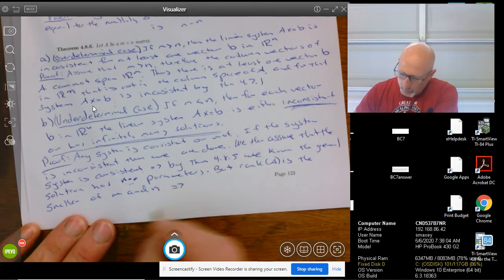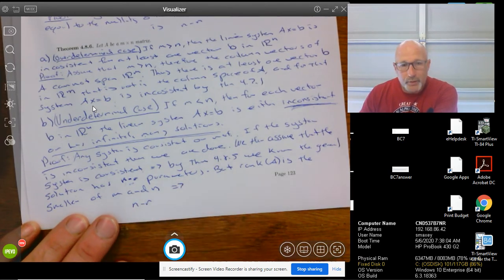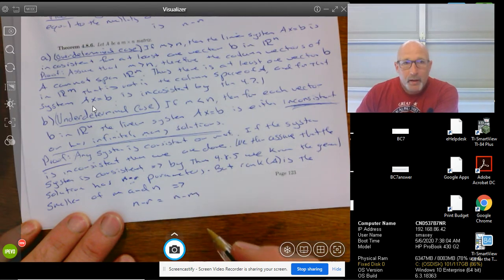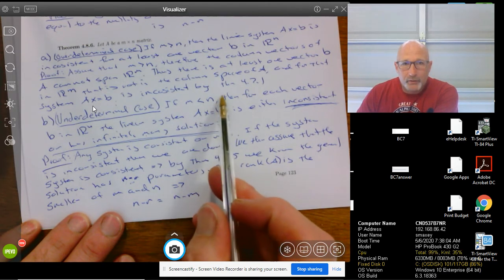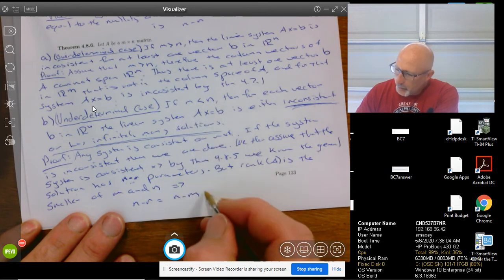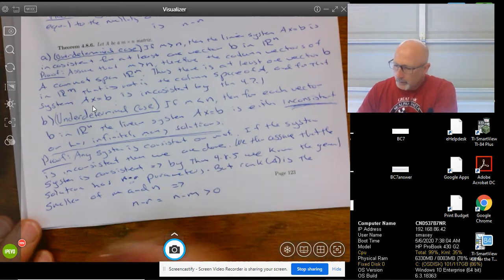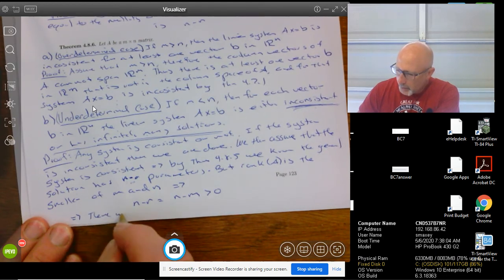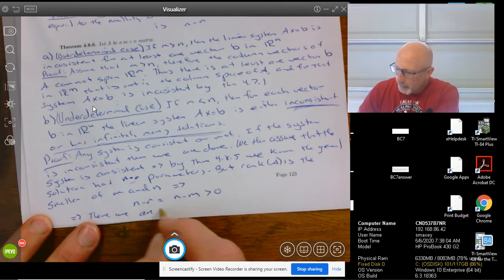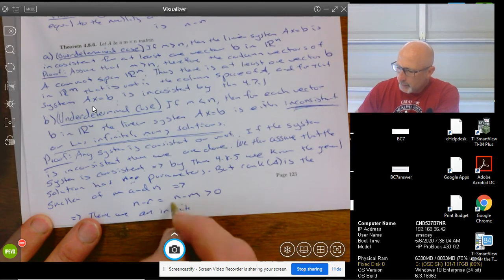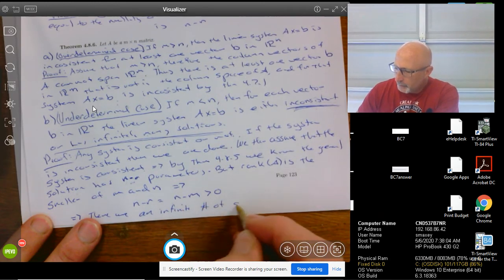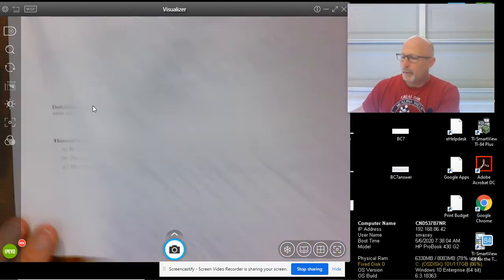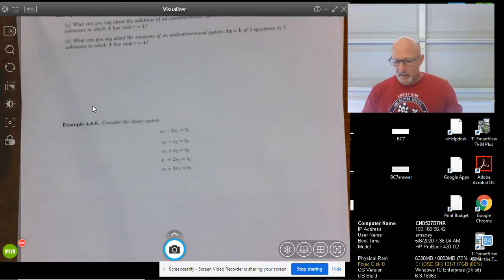So therefore, we have n minus r, which is what I'm trying to find, equal to n minus m. But under this case, since n is greater than m, I know that that's going to be greater than 0, which implies there are an infinite number of solutions. Okay, there we are. Okay, next page.